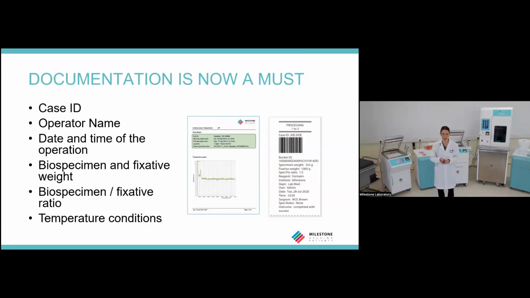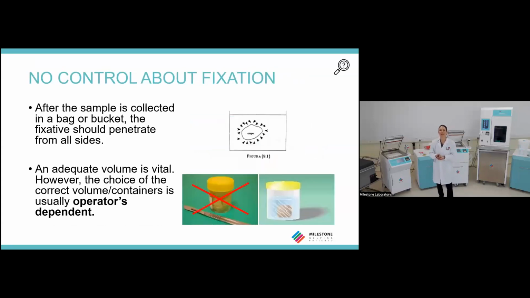Regarding the fixation, the limitation of the current method is that it is too operator dependent. So the nurse, the first operation to do with the fresh tissue is to choose the correct size of the container. This is very important because the formalin should penetrate from all sides.